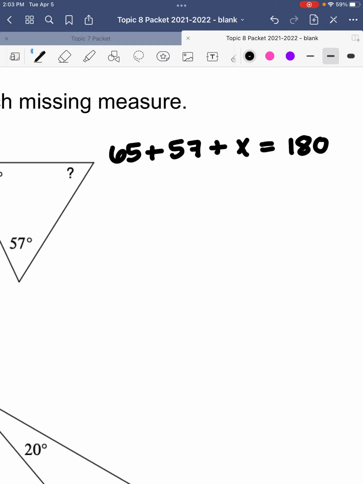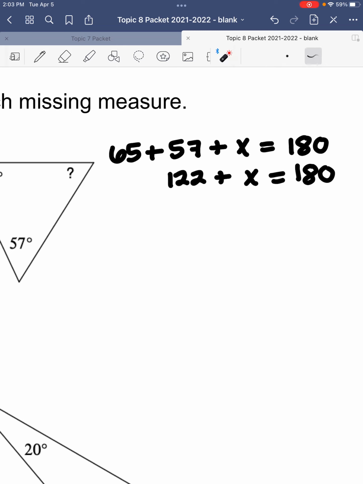Now, to solve this, first I'm going to combine like terms. So I can combine 65 and 57. And if I put that into my calculator, I get 122. So 122 plus x equals 180. Now, to get that x by itself, I have to undo this 122, and that's a positive 122.